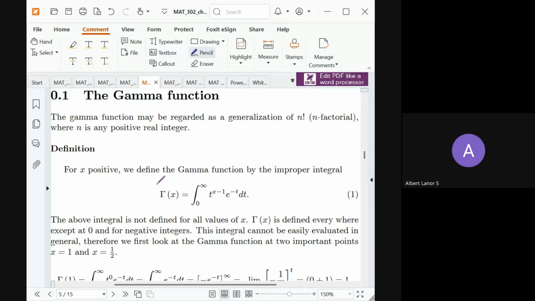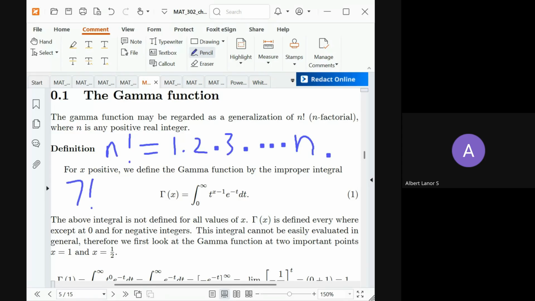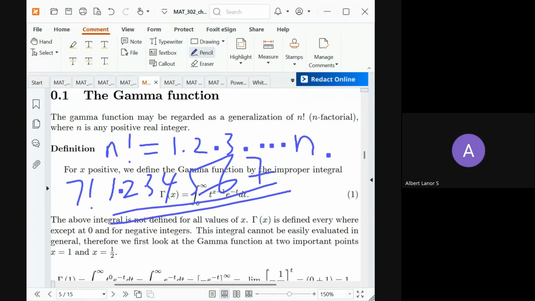Now, what is n factorial? n factorial means multiply the numbers 1 times 2 times 3 times 4 times 5 up to the last number n. So if you say 7 factorial, we are talking about 1 times 2 times 3 times 4 times 5 times 6 times 7. Whatever you multiply them to get, that is the factorial of the number.